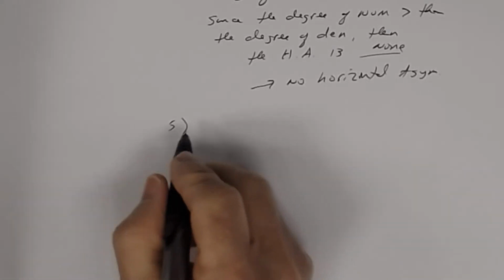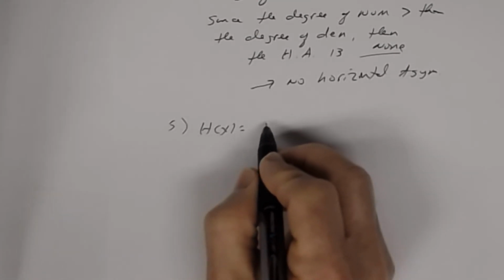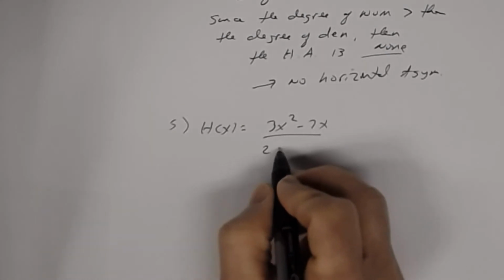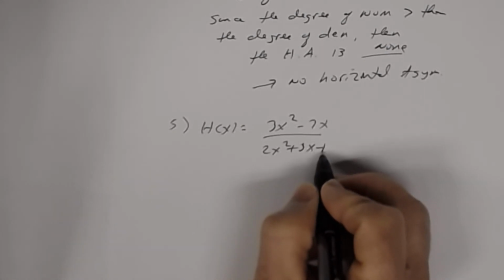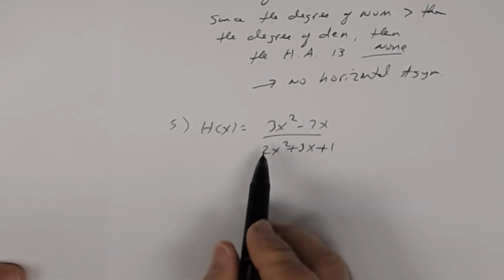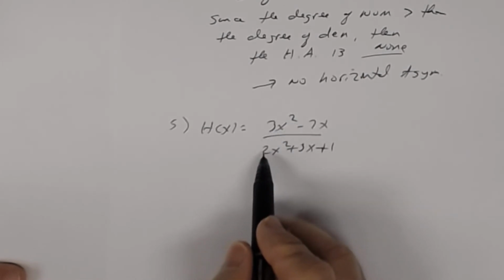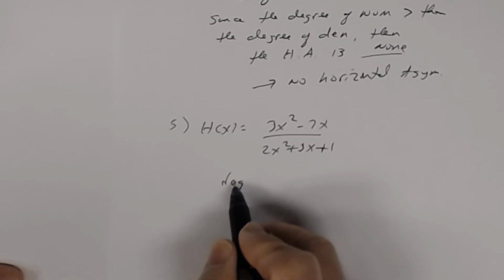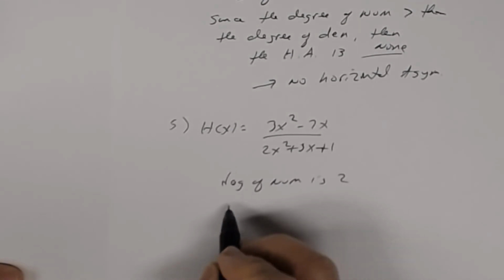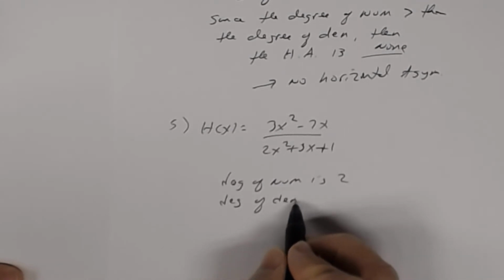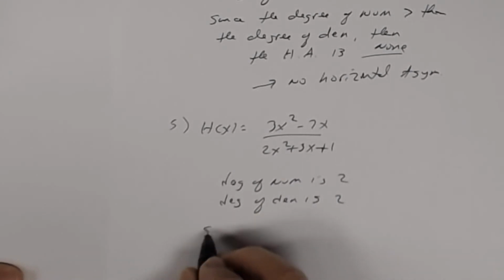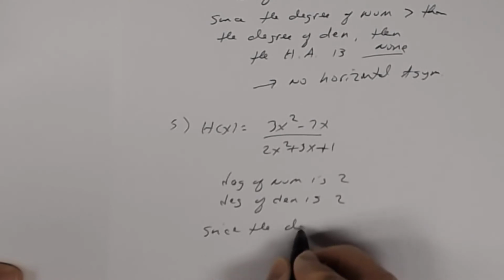All right, number 5. Here's number 5. We have h of x is equal to 3x squared minus 7x, and then the denominator is 2x squared plus 3x plus 1. So notice it's in descending order in both cases. So there's your leading term, there's your leading term. The degree of the numerator is 2, x squared. The degree of the denominator is 2 as well. The degrees are the same.